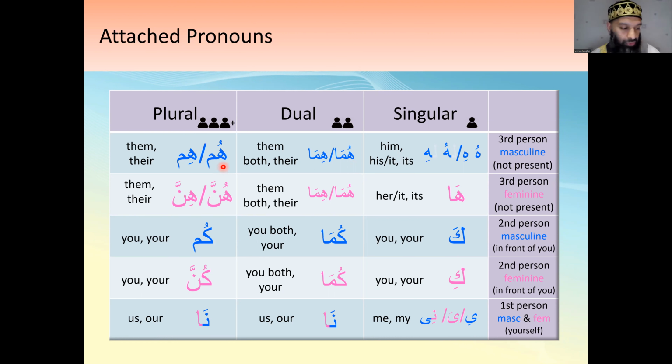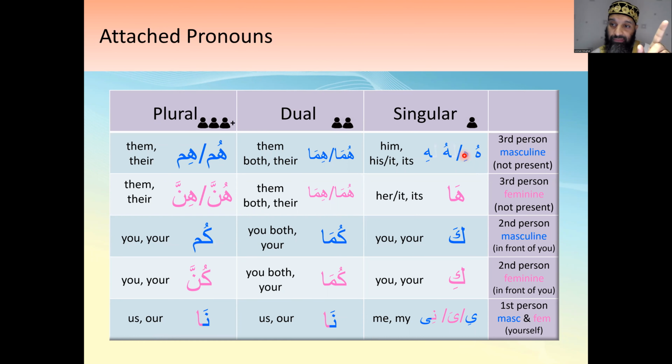So we will do examples, inshallah. These attach to the end of the noun. They are suffixes. A suffix is like a combination of letters that attach to the end of the noun. So for example, we will do it with kitabun. When you stick a hu at the end, it's going to be his.